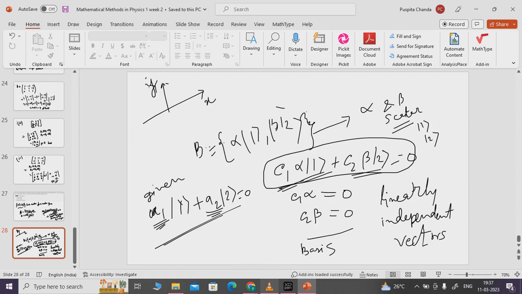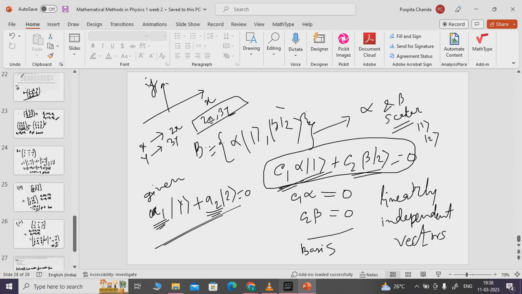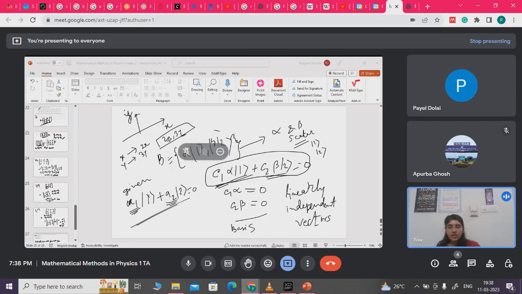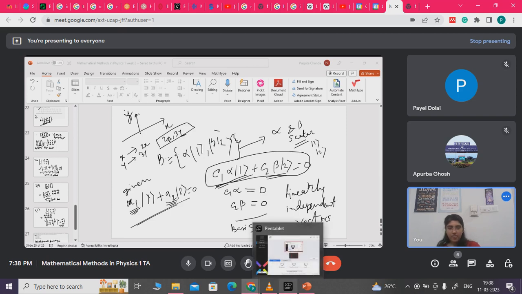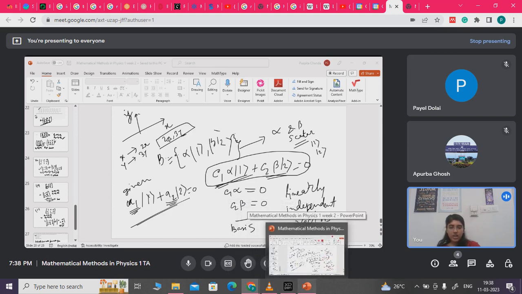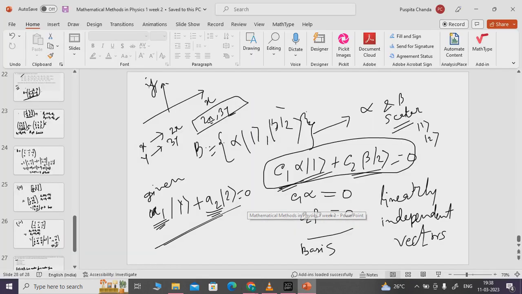If you scale, instead of x you take 2x and 3y, then 2x and 3y also form a basis when x and y form a basis. Okay, is that clear? Any other confusion you can say? Or I can make those calculations which I have skipped to make it fast.